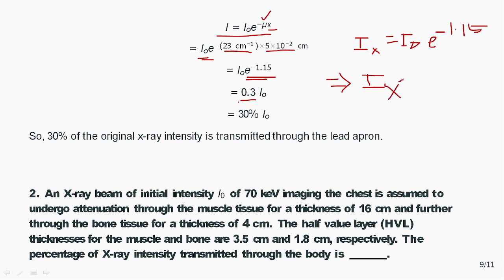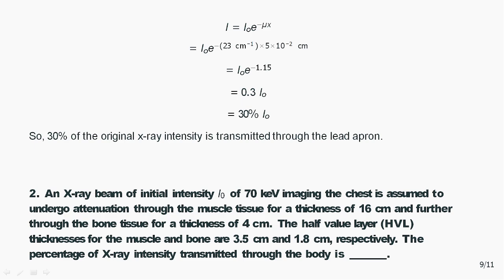So Ix is equal to 0.3 I naught. What does it mean? That means 30% remains, we are getting 30% as the output once it has passed through that. So that means 70% of the X-ray has been absorbed by the lead apron. Only 30% has passed through it.